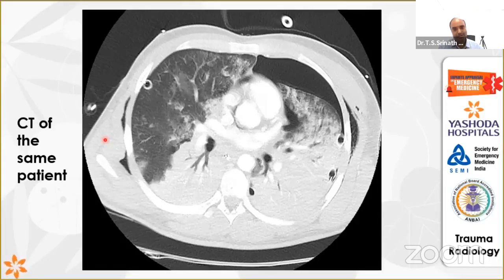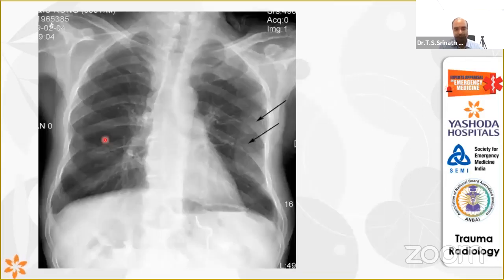Okay, next slide, please. So what is this? Clavicle fracture, very good. Okay, so there is a right clavicle fracture. Again, I'm telling you why I'm showing you all these pictures: many a times for a chest X-ray they'll take from here down.